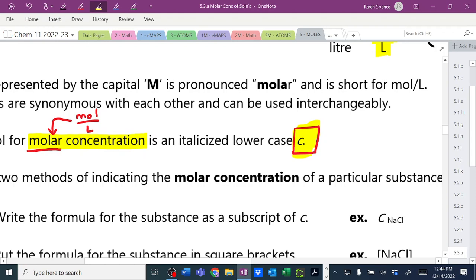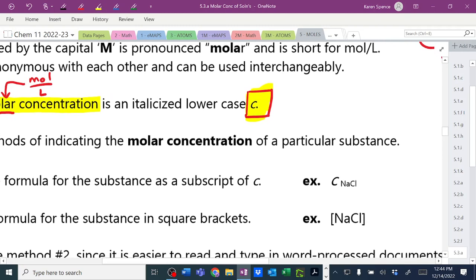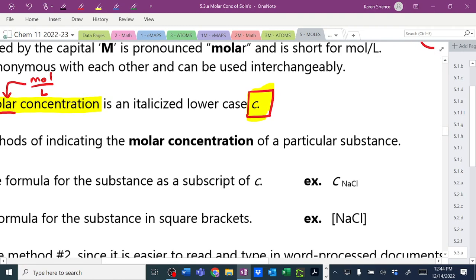Now, if I want to say the molar concentration of a particular substance, I use that substance as a subscript.